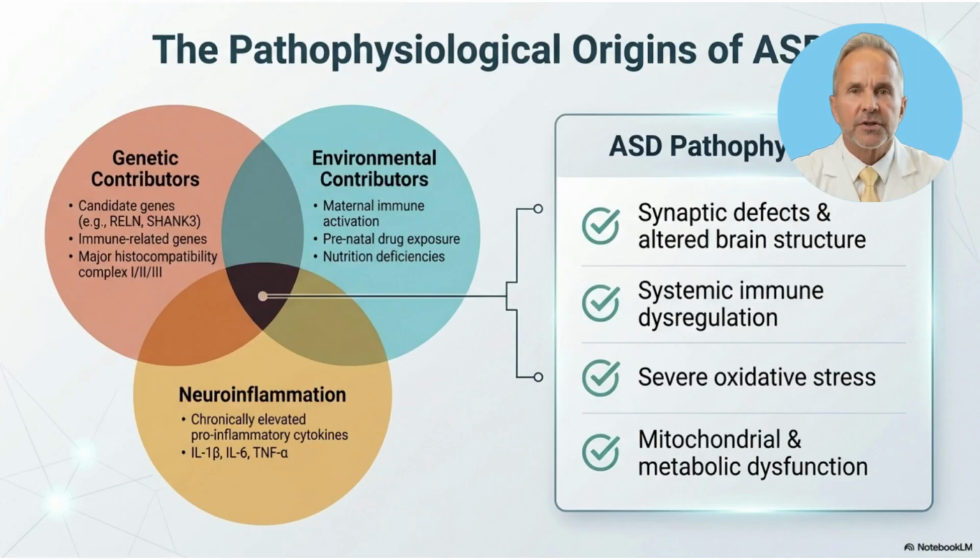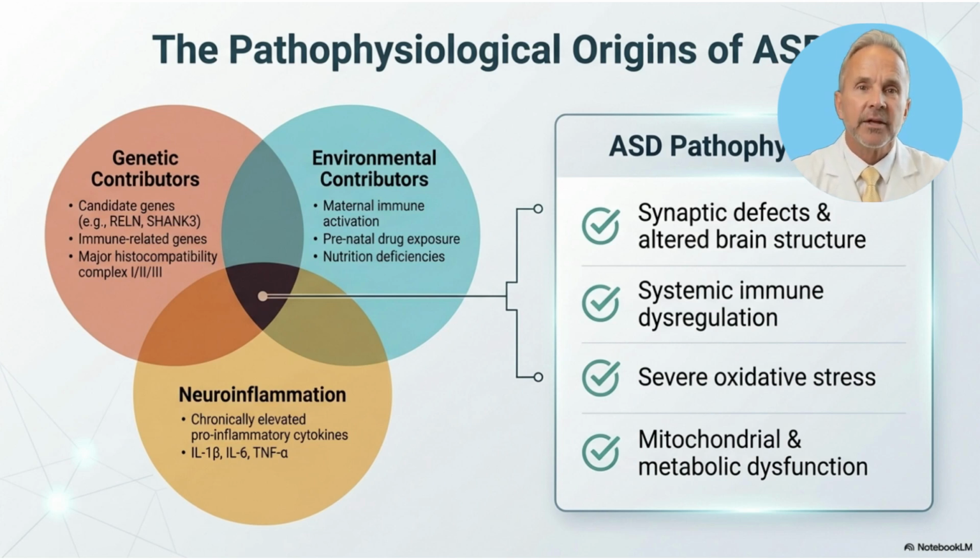The pathophysiology of ASD lies at the intersection of genetic contributors, environmental contributors, and neuroinflammation. Specifically, this intersecting crisis results in four core areas of ASD pathophysiology: synaptic defects and altered brain structure, systemic immune dysregulation, severe oxidative stress, and mitochondrial and metabolic dysfunction.